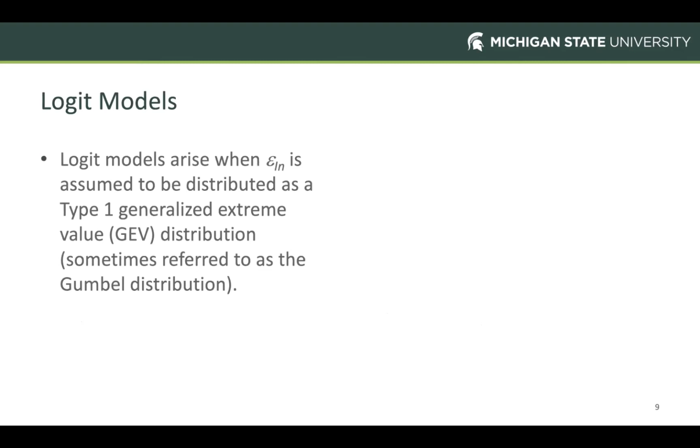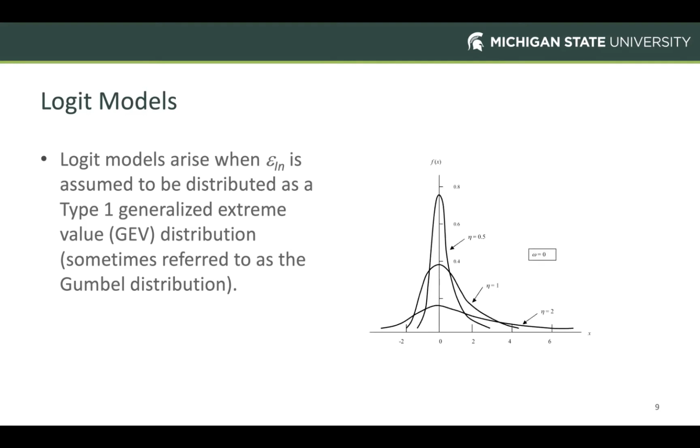Alternately, in the logit case, if we assume those error terms follow the generalized extreme value type 1 distribution, you'll notice that's illustrated here. It looks very similar in nature to the normal distribution. The big difference is that we have a narrower and higher peak, and consequently, we also see some differences in the tails of these distributions.